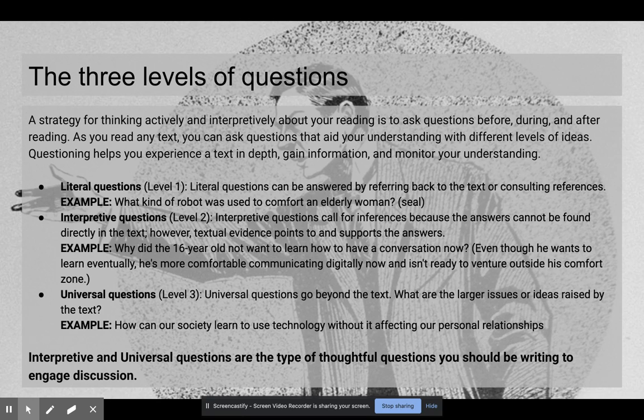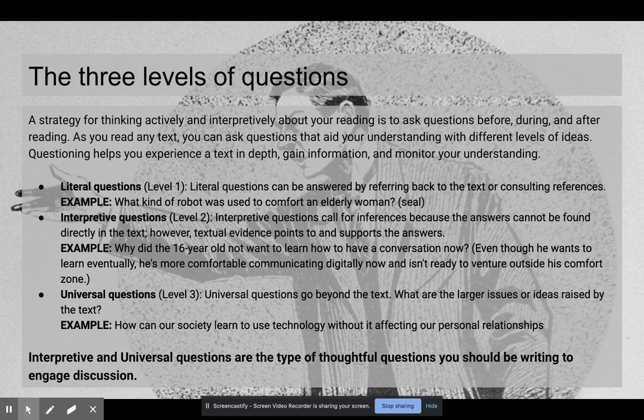We have literal questions. They can just be answered by referring back to the text, and these examples are from that essay, so they'll make more sense when you read the essay. The interpretive question calls for inferences because the answer is not directly in the text.